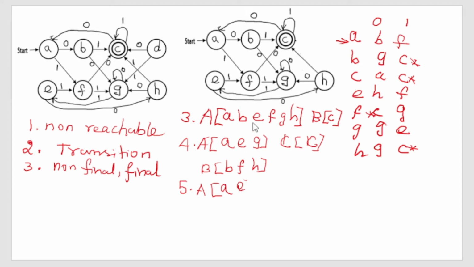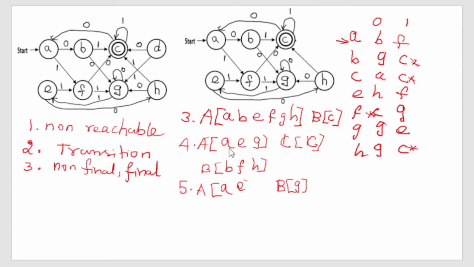Let me mark that group as B. So we are separating G because G goes to the group A, E, the same group A. So here the G is separated from this group.